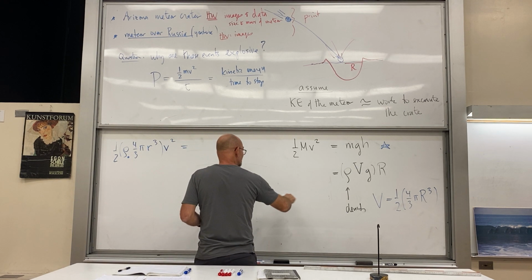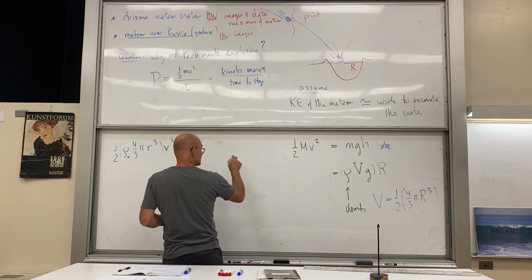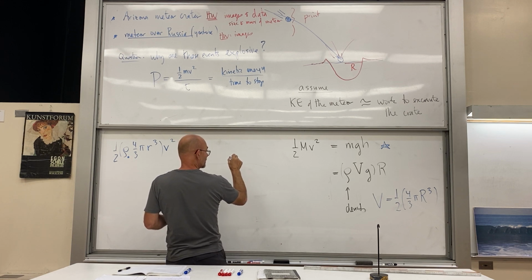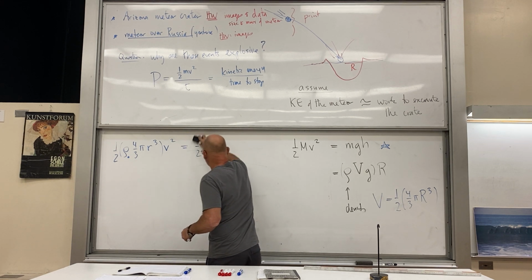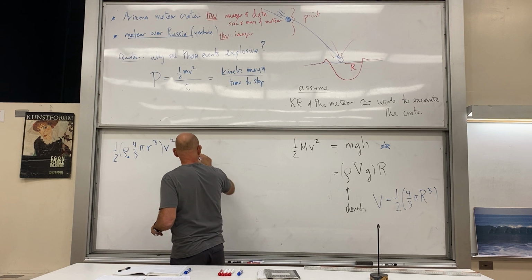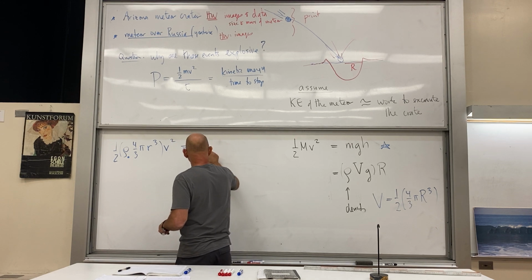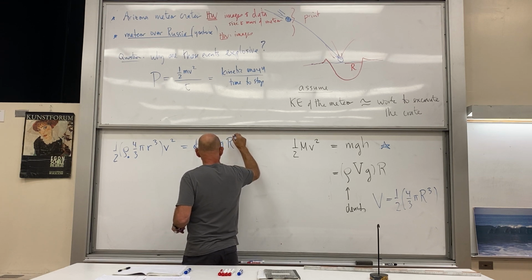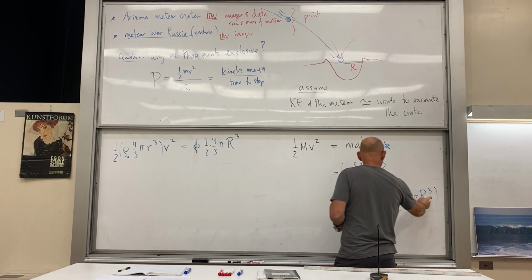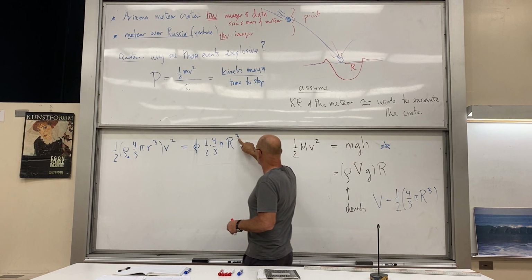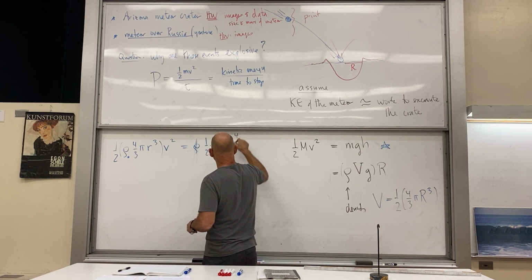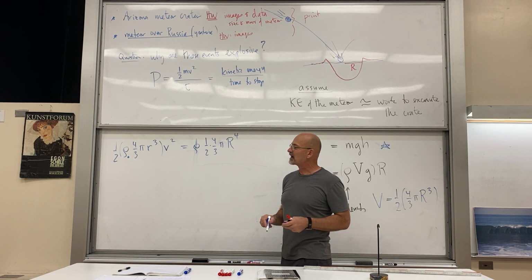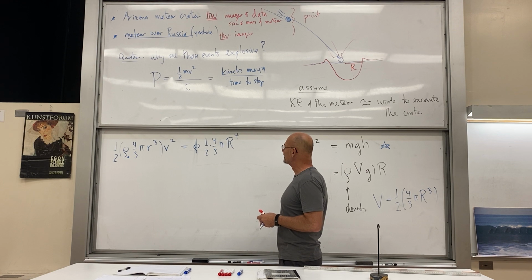And on this side here, I'm going to have 1/2, no, density first. Density, volume is 1/2 of my 4/3 pi capital radius cubed. But I had another radius right here, so it's radius to the 4th. Okay, that's looking pretty complicated, but it's going to simplify a lot.